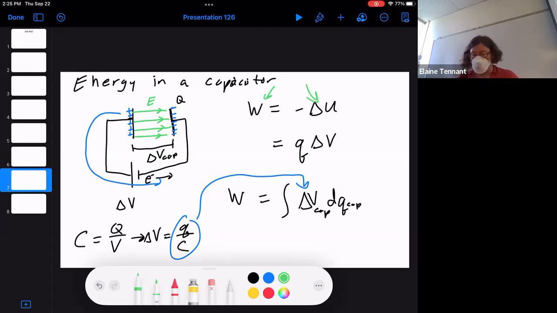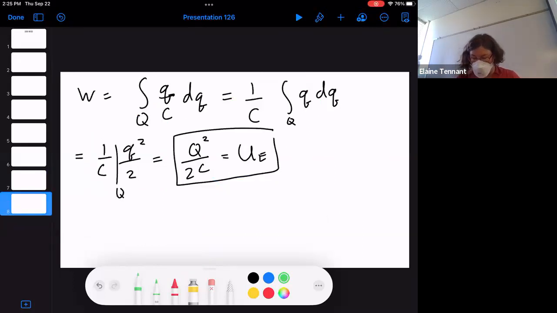And again, I'm dropping the minus sign because it's one of those work being done on a system versus work being done by a system. The capacitor is taking in energy. So you might think of that as negative work versus positive work where it might be giving out energy. But anyway, it looks pretty good.